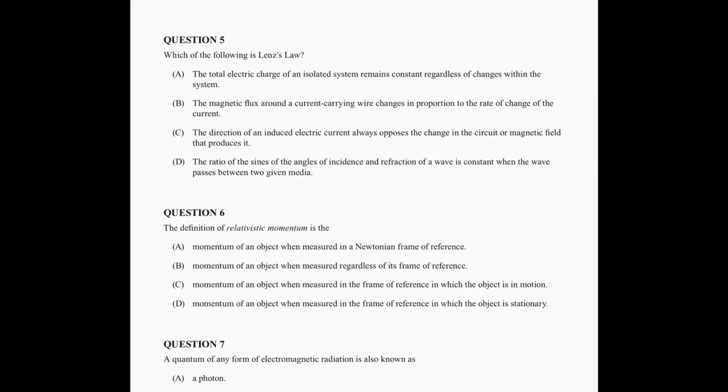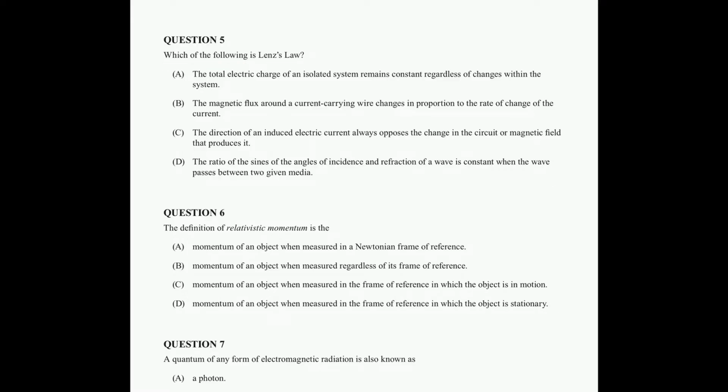Question 5 to question 7 here are heavily reliant on your understanding of the topic, as well as your memory when it comes to facts and the physics content you've been taught, as well as some of these laws. So it's heavily memory reliant. Which of the following for question 5 is Lenz's law?